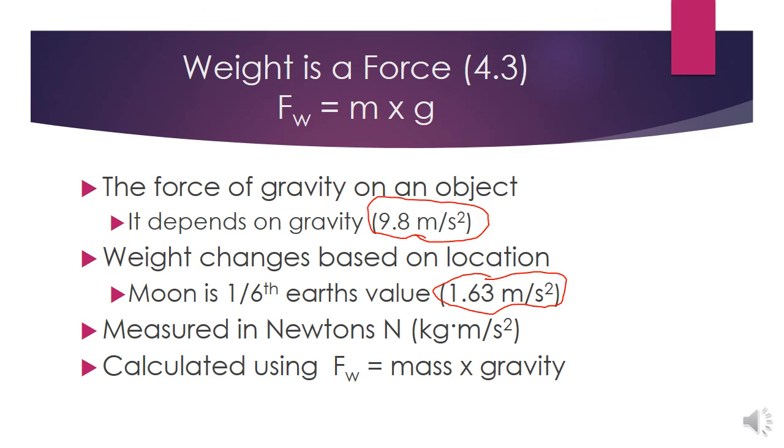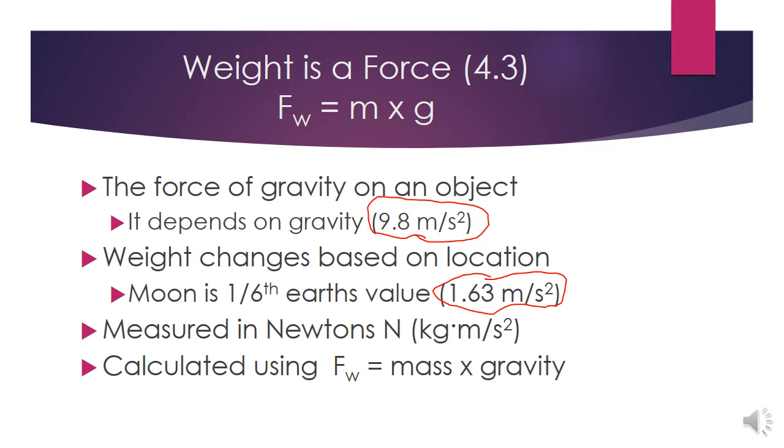So if you are talking about a 10 kilogram boulder, okay, that's a mass, kilograms, and you bring that boulder to the moon, it's still made up of 10 kilograms. It didn't lose any mass. It's still the same size, but its weight's going to be different because now it's in a different gravitational pull. It went from the Earth, higher gravity, to the moon, lower gravity.